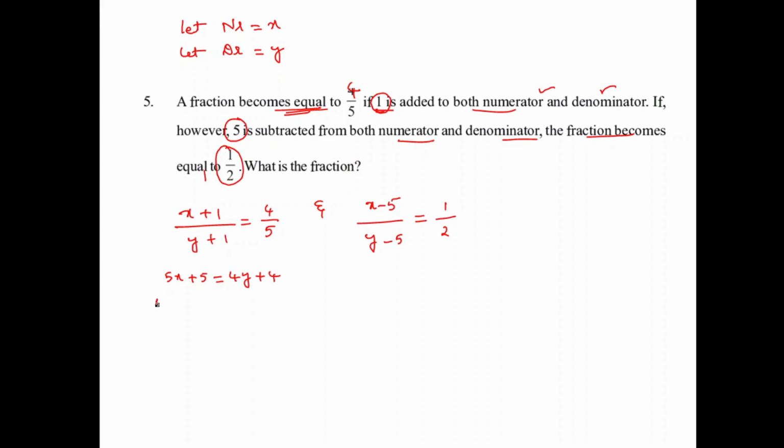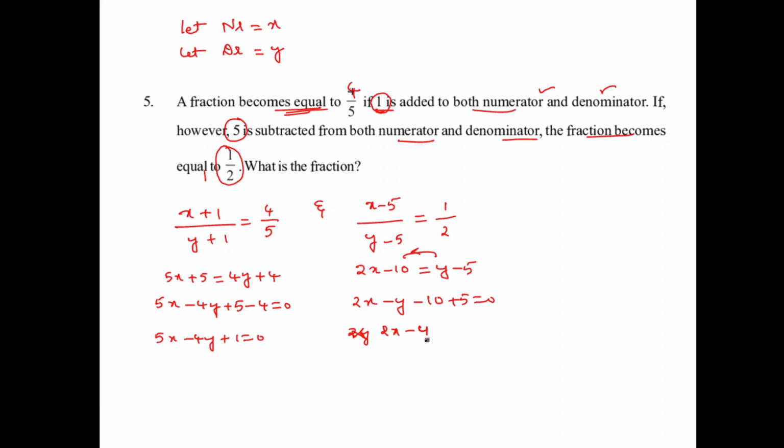Now shifting them to the other side, I get 5x minus 4y plus 1 equals 0 as one of the equations. For the other equation, cross multiplying these two and shifting to the left-hand side, the equation reduces to 2x minus y minus 5 equals 0.